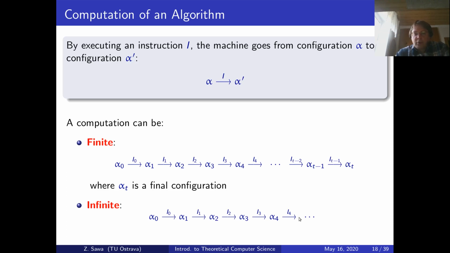So this notion of computation, where we have configurations and by performing some kind of instruction or operation the machine goes from one configuration to another, and when we start in the initial configuration and perform these steps, it either halts after some finite number of steps or continues forever.